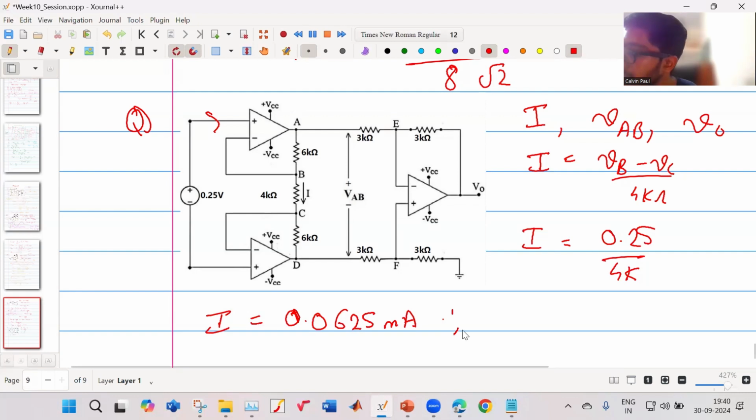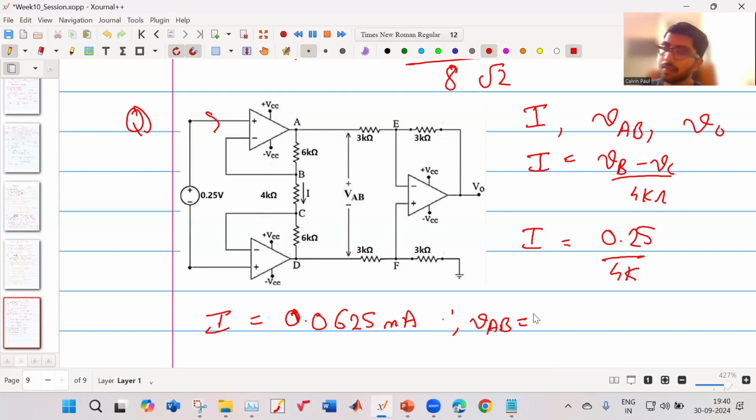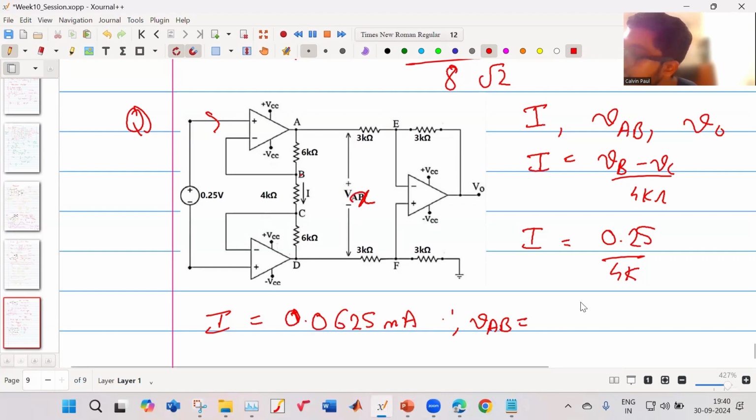Now what is your VAB? How much is your VAB? Oh, they have made a mistake. This also cannot be B. So let us say this is Vx.